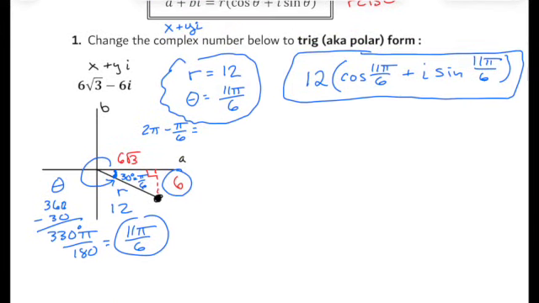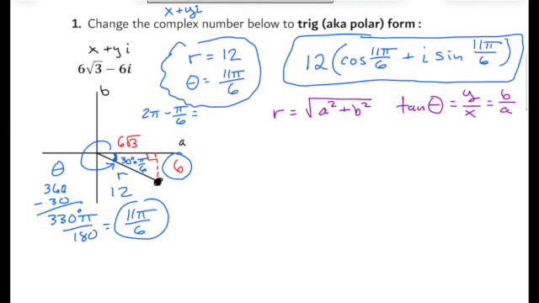But a lot of textbooks, and if you go further, will teach you to use the formulas that r is always the square root of a squared plus b squared, and that tangent of the angle you're looking for, tangent of theta, is always y over x, which you should know, or in the complex world, y is in place of b, so b over a, and x is standing in for a. So let's just see how we could have arrived at these same two values.